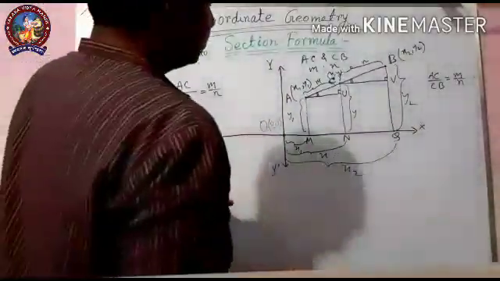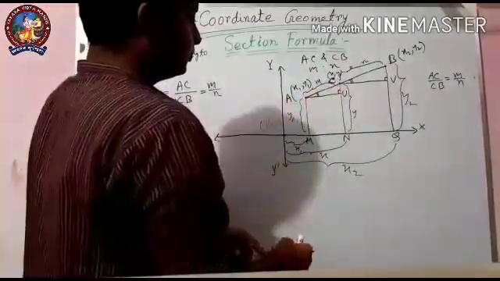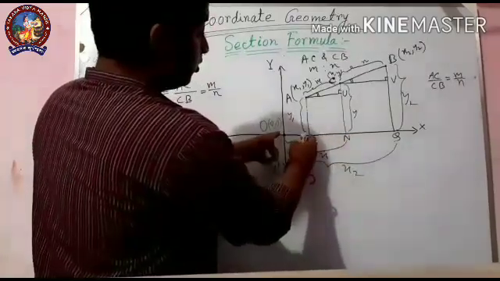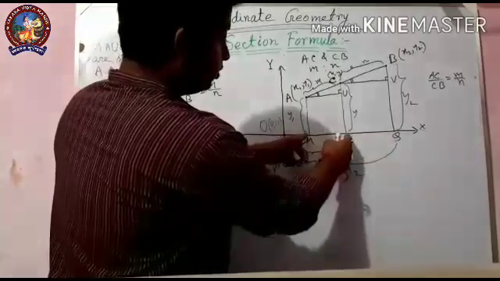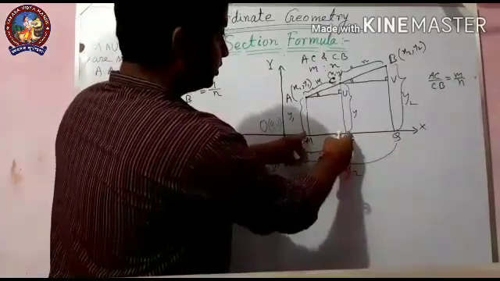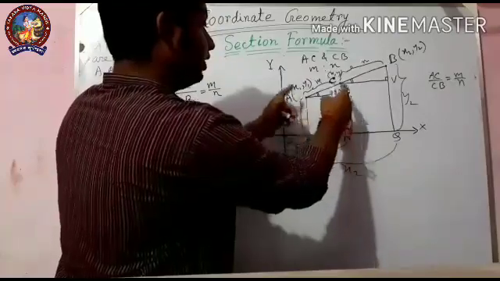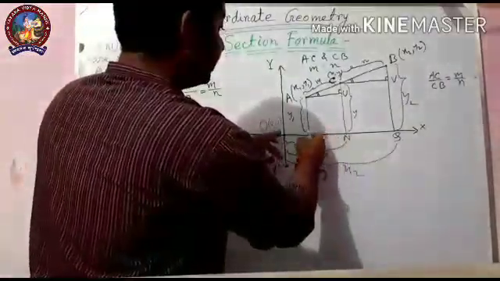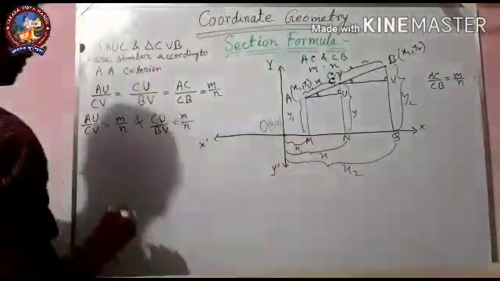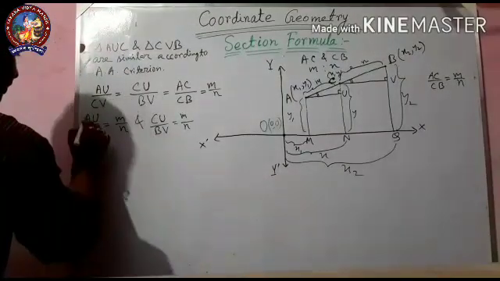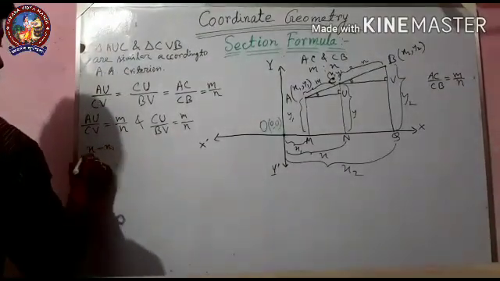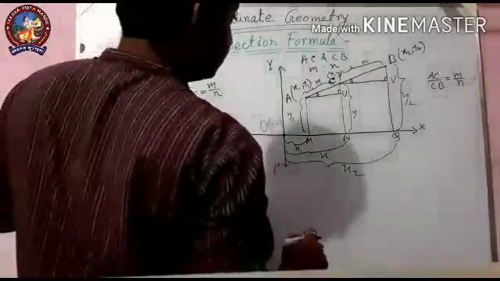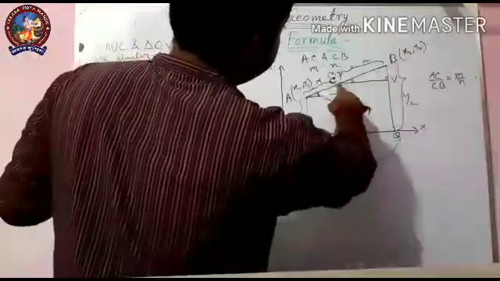Now try to find out the length of AU. This total length is x units and this much is x1 units. So the length of line segment MN, which is actually equal to the length of line segment AU, is x minus x1, right? So in place of AU, I can write x minus x1. Then in place of CV, what is the length of CV?